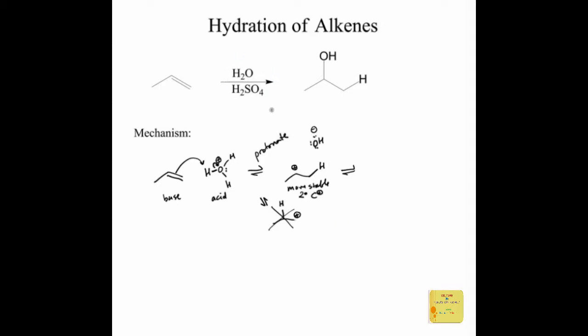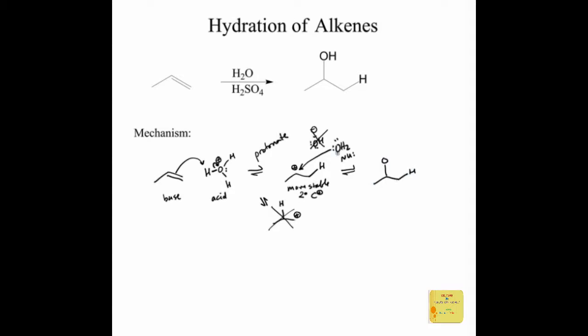Do you expect to have a lot of hydroxide present in these strongly acidic conditions? No way. There is no hydroxide around. So who is our nucleophile? Who is the strongest nucleophile we have in these conditions? It's going to be water. Water is going to be the strongest nucleophile that we have and that we can use, and that is what's going to attack the carbocation.